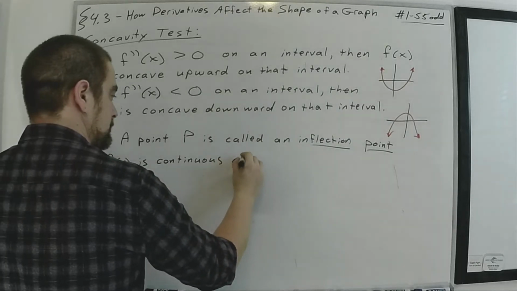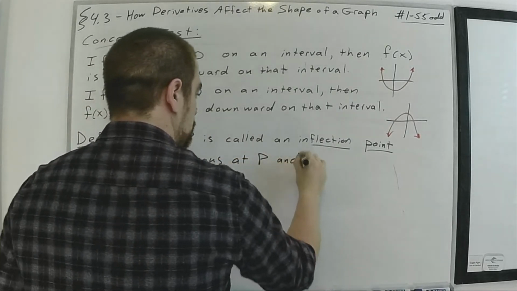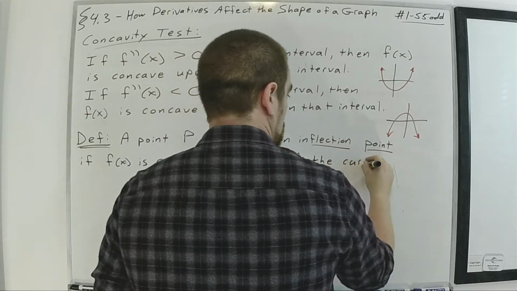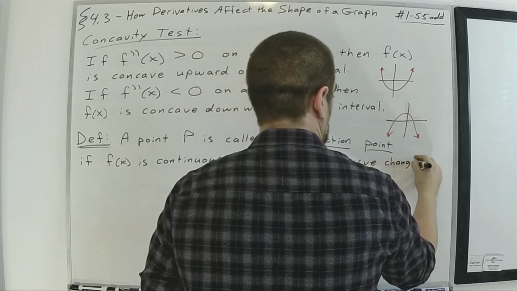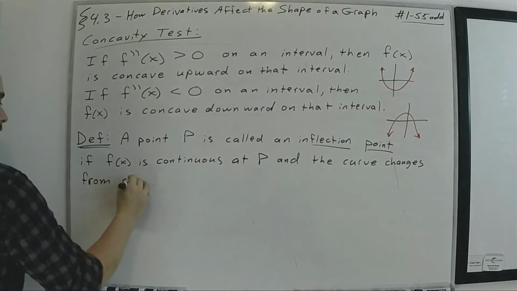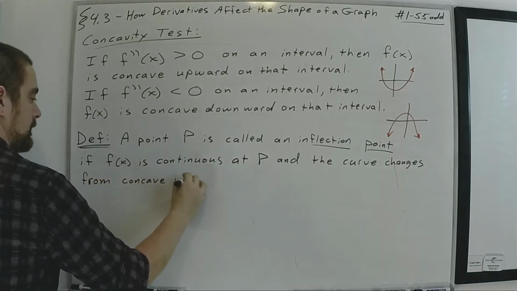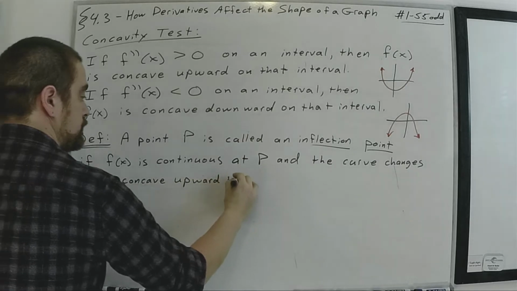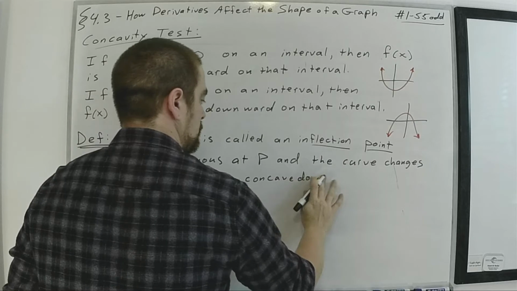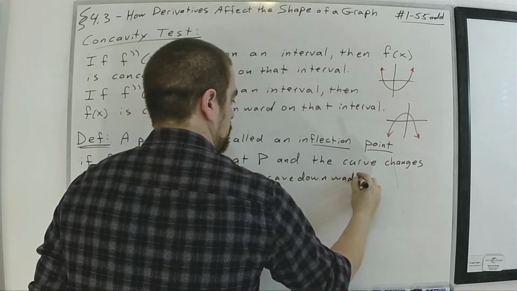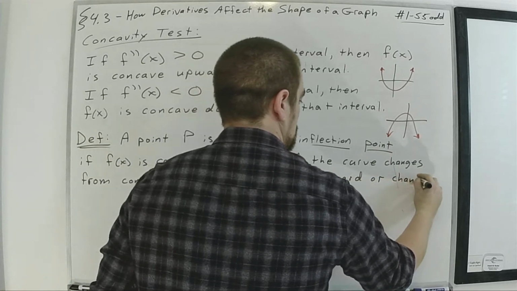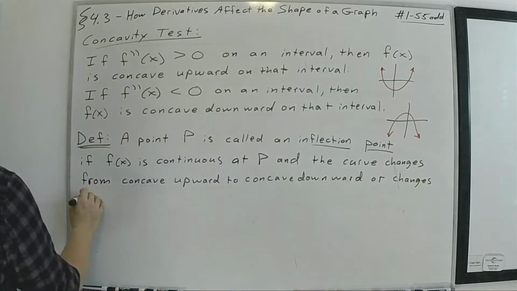At P. And the curve changes from concave upward to concave downward. Or changes the other way around, from concave downward to concave upward.